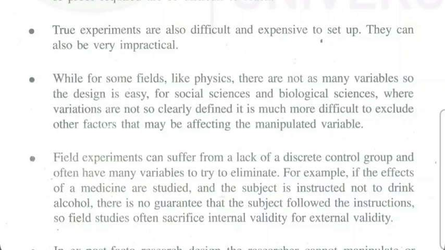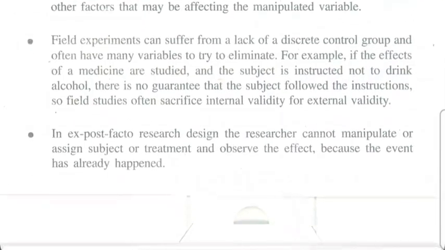While for some fields, like physics, there are not as many variables, so the design is easy, for social sciences and biological sciences, where variations are not so clearly defined, it is much more difficult to exclude other factors that may be affecting the manipulated variable. Field experiments can suffer from a lack of a discrete control group and often have many variables to try to eliminate.